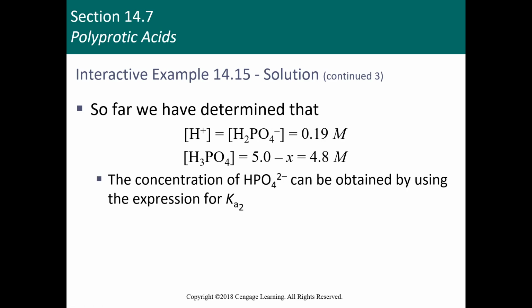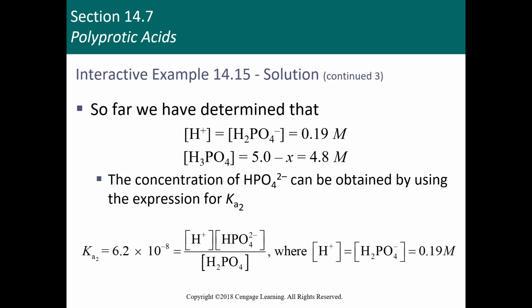Now our concentration of HPO4, this can be obtained using our second deprotonation, our Ka2. And so we go ahead and put Ka2, we get our value and put it in here.